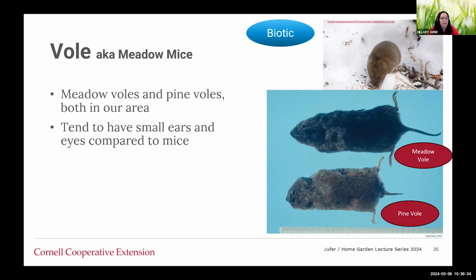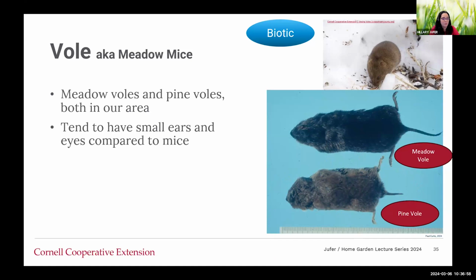A great way to figure out which one you have is by looking at the tail comparatively to their hind legs. The meadow vole, which is this guy right here, usually causes plant damage above the ground, and they can be 5.5 to 7.5 inches long. The pine vole usually lives underground, and they girdle the plants in the root systems, and they can be a little bit smaller, about 4 to 6 inches.